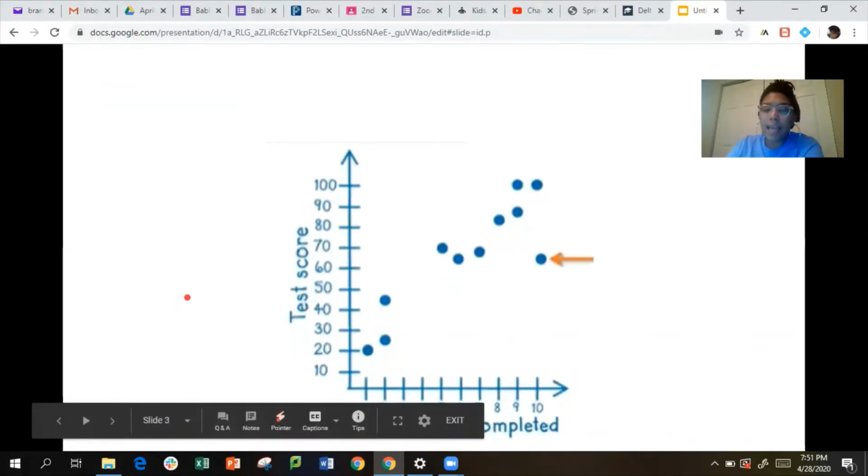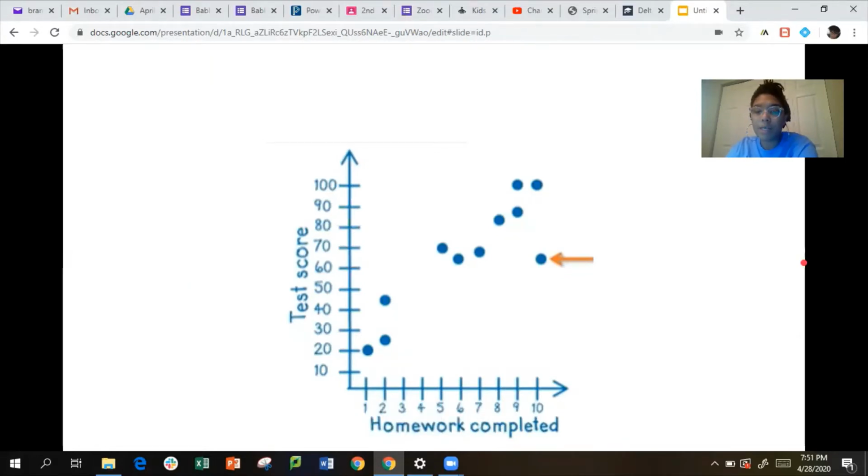Now, let's look at this same graph with the same numbers. The only difference here is that I've included homework completed at the bottom on the x-axis and then test scores. So this basically is saying that the more homeworks that a student or a scholar do, the higher the test scores are going to be.